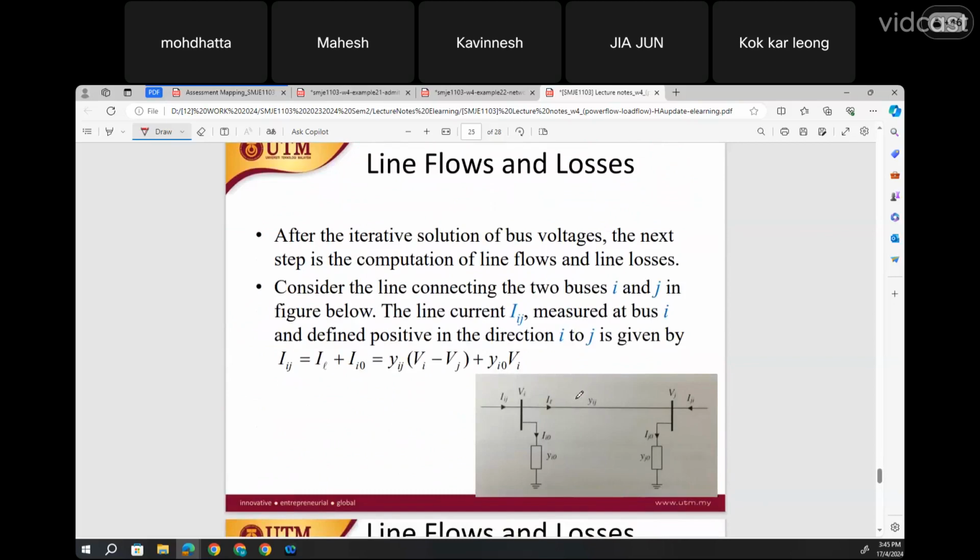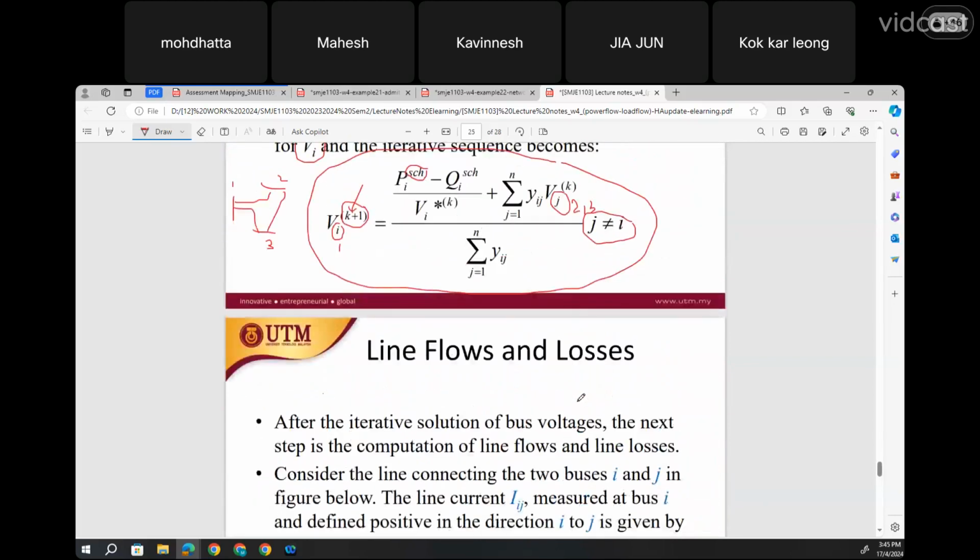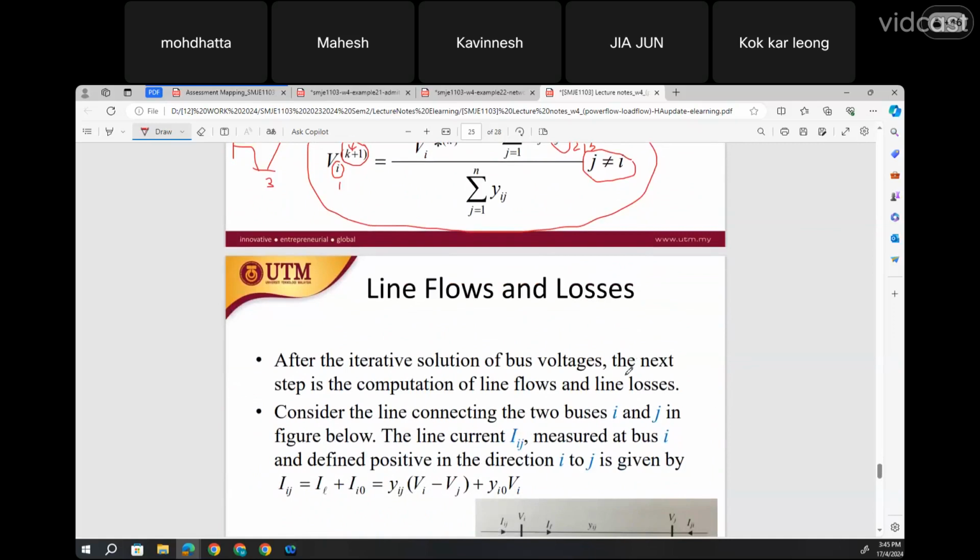Line flow and losses. After the iterative solution of the bus voltages, actually the iterative part is to get the values of the bus voltages. Next, you would like to compute the line flows and line losses.